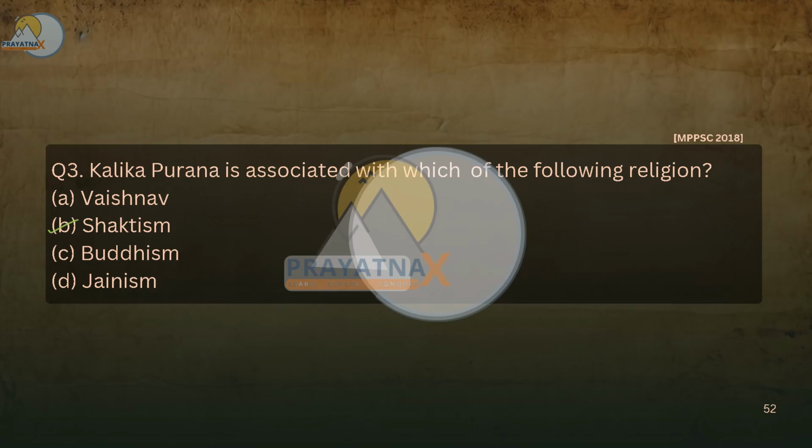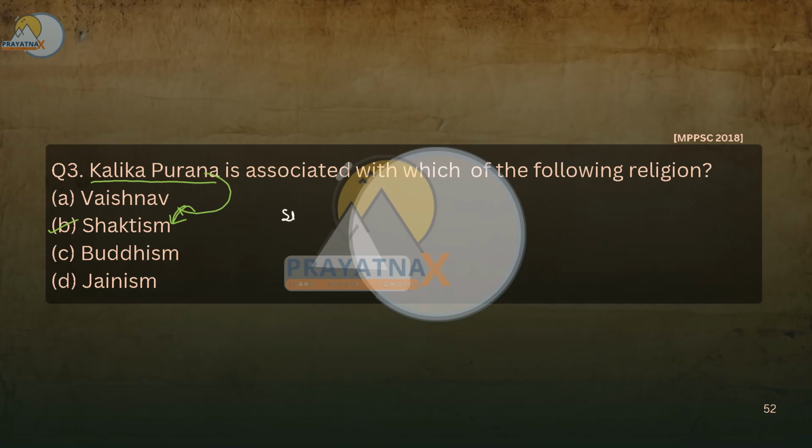Now let us look at what Kalika Puran is. So this is a Puran which was strongly associated with Shaktism. Now Shaktism is basically a tradition where Shakti is worshipped.